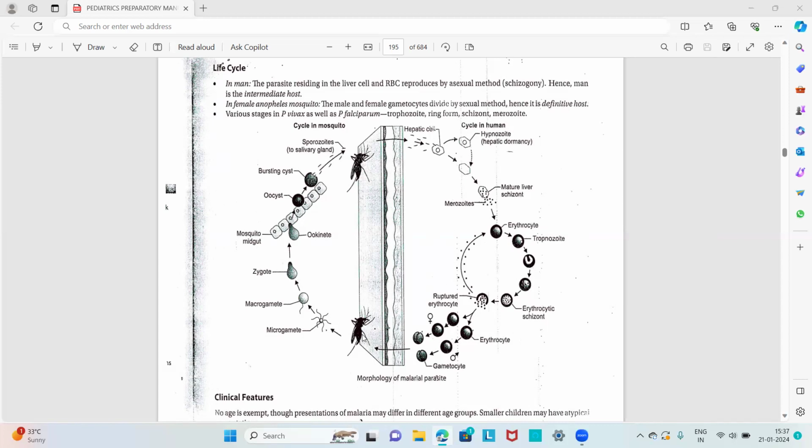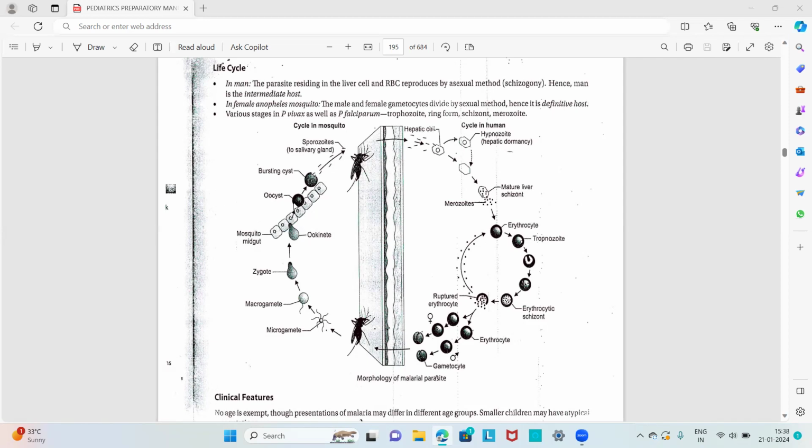The rest of the life cycle of the malarial parasite happens in the female Anopheles mosquito's body. The gametocytes, the microgamete and macrogamete, fuse to form the zygote. The zygote enters the mosquito's midgut and forms the oocyst.